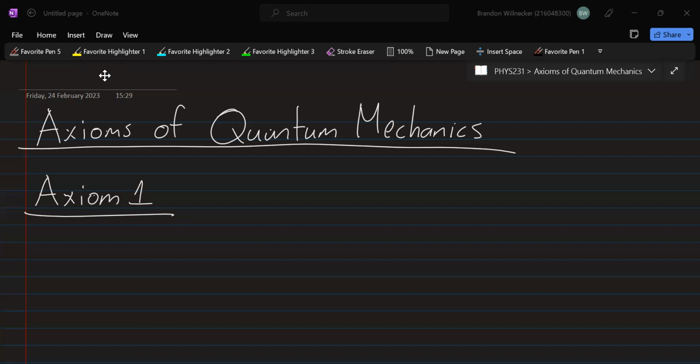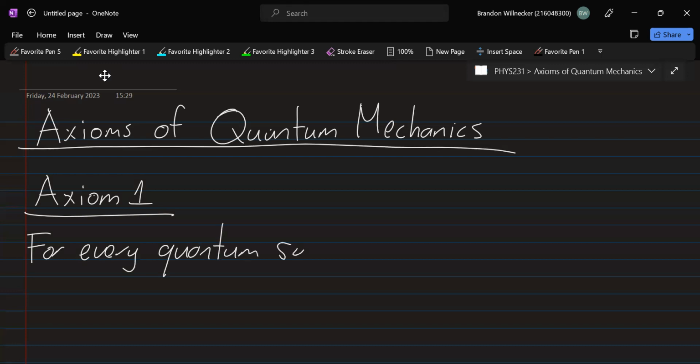For every quantum system, in general, whether it be one particle, a few particles, and so on, there is a Hilbert space, a complex separable Hilbert space.